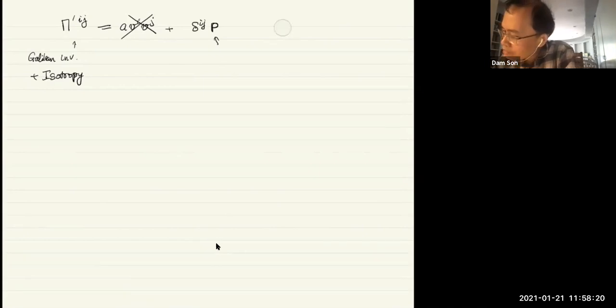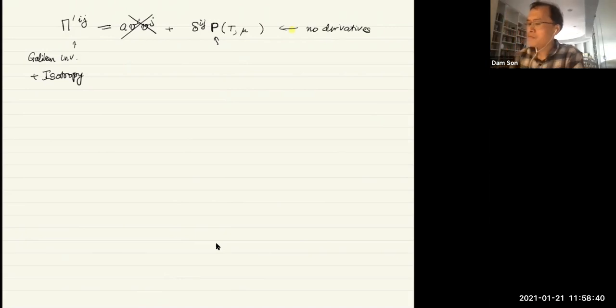So if I have here terms that have no derivative, then this p has to be a function of, like, T and mu only. It cannot be a function of v squared, for example. It would violate Galilean invariance. And then we can write terms with one derivative.